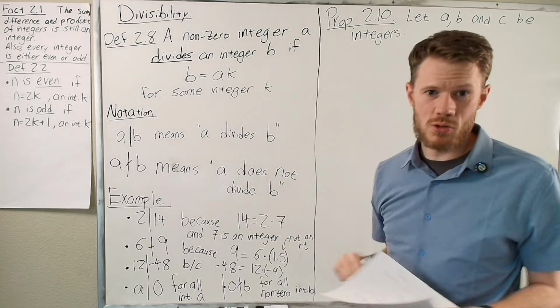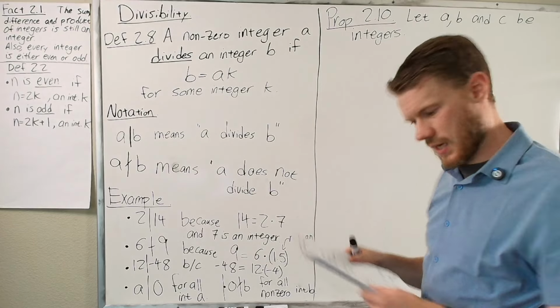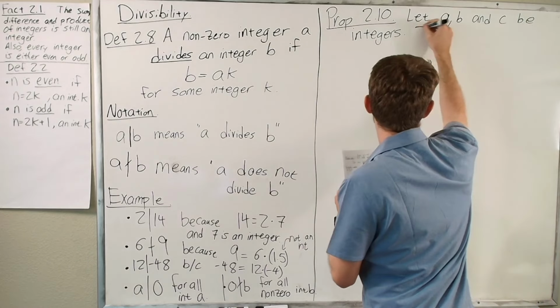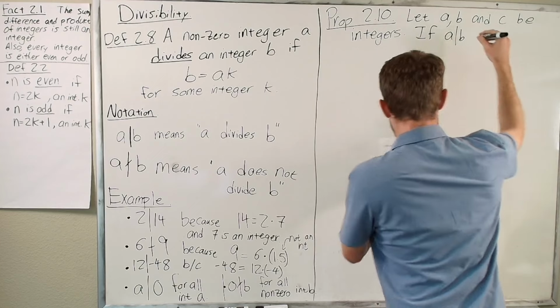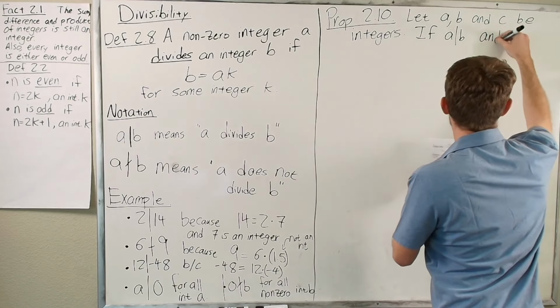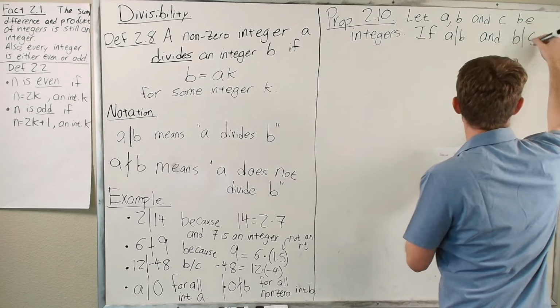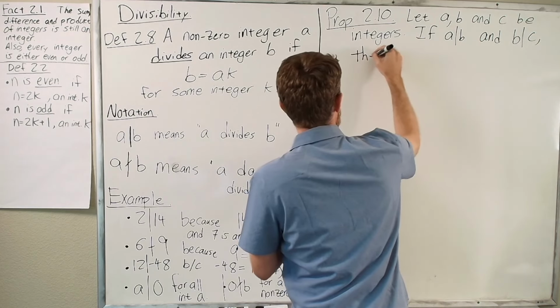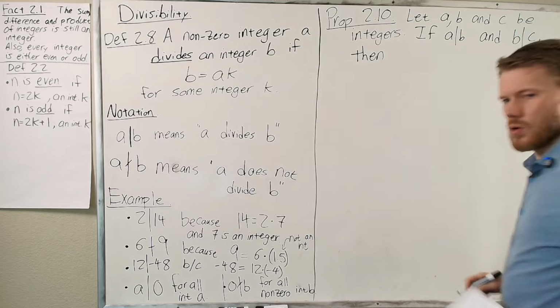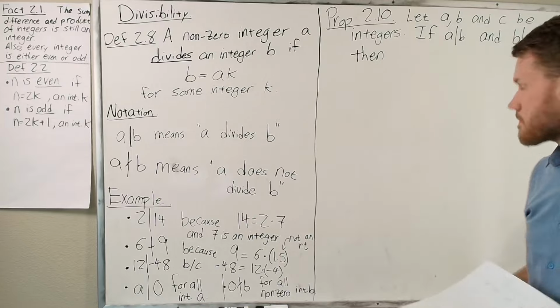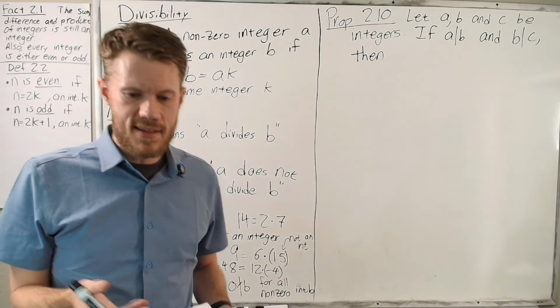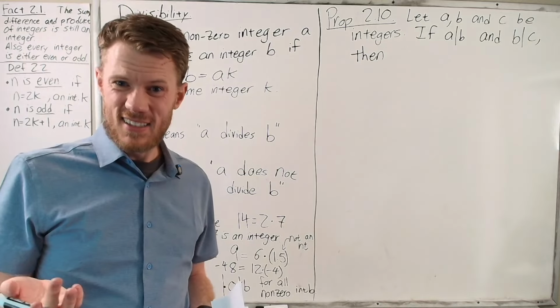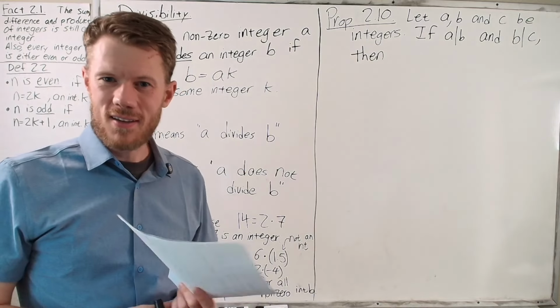You have to have integers in order to even talk about divisibility. So let's start with integers. If A divides B and B divides C, then what's the conclusion, do you think? If 2 divides 8 and 8 divides 16, what do you think I'm going to say is the next step?